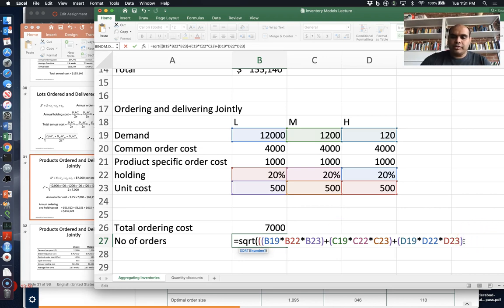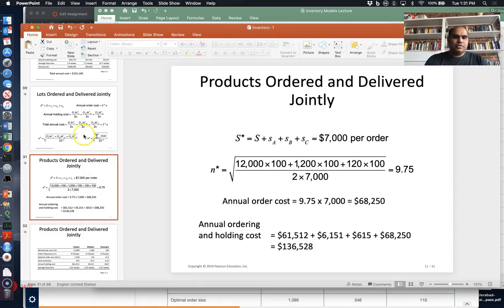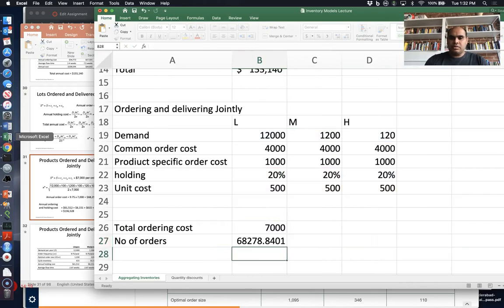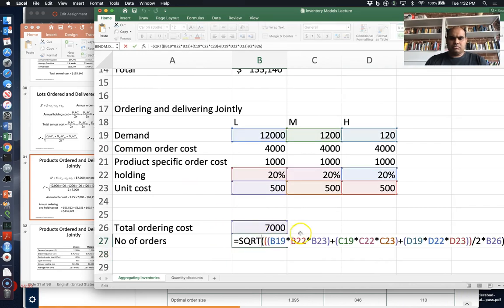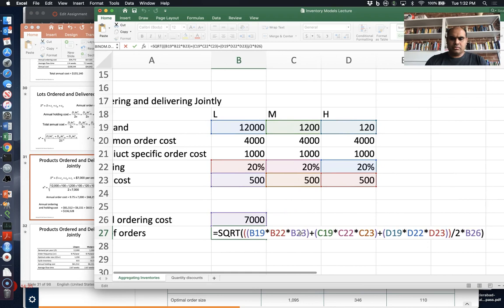This is the numerator divided by 2 times the ordering cost. Again, it's demand times H times C, demand times H times C, demand times H times C divided by 2 times the ordering cost.